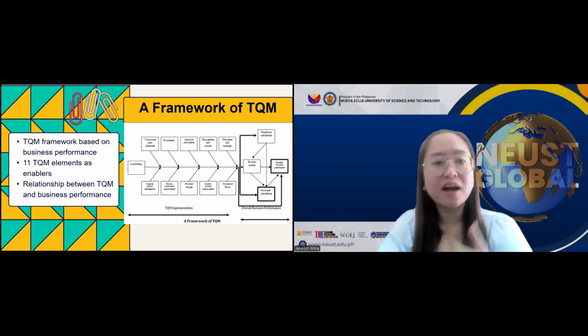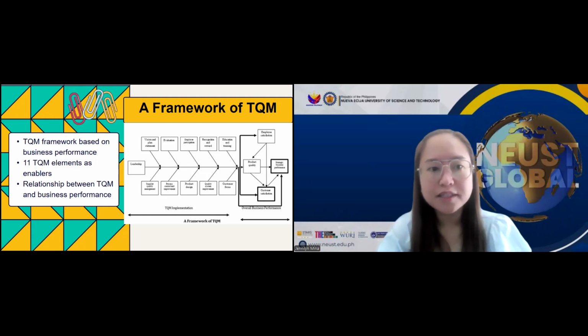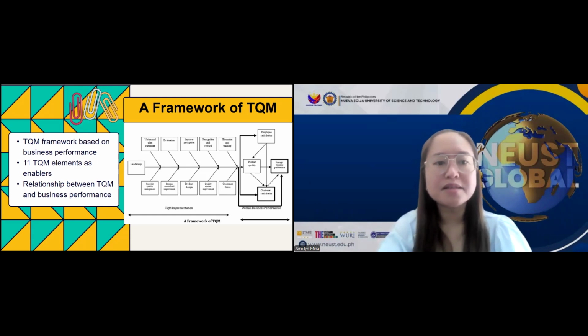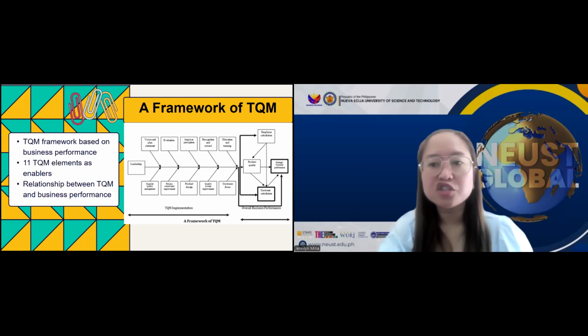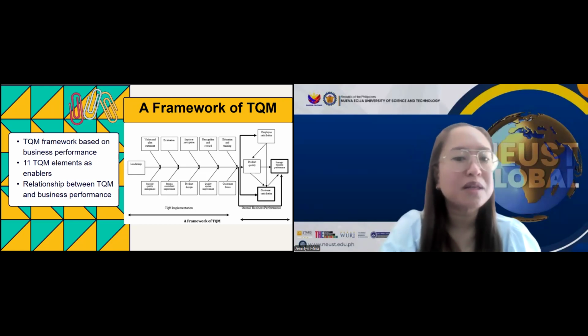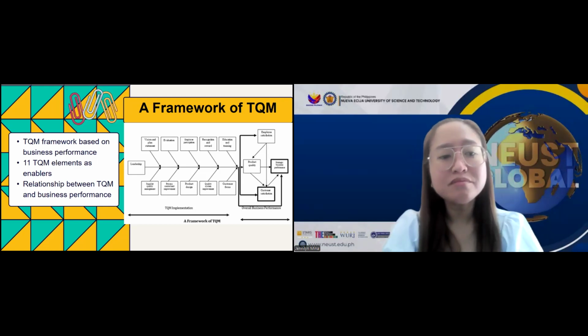Leadership guides the vision and culture of quality. Vision and plan statement sets clear quality goals, evaluation measures, and performance of continuous improvement. Employee participation engages workers in quality efforts. At the same time, recognition and reward motivate employees to maintain high standards.